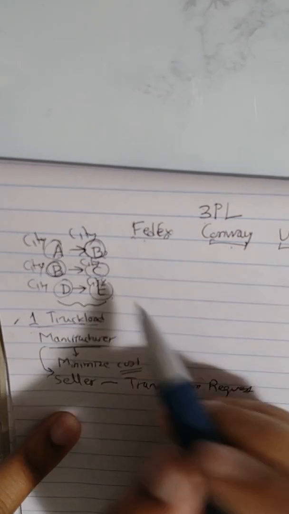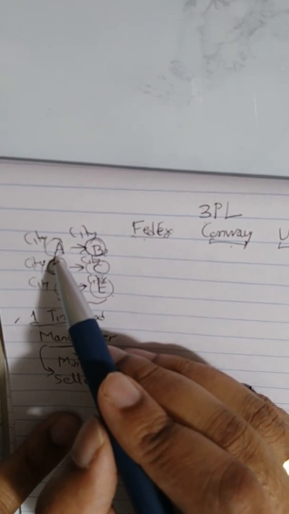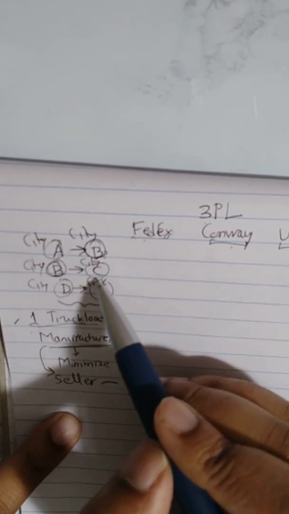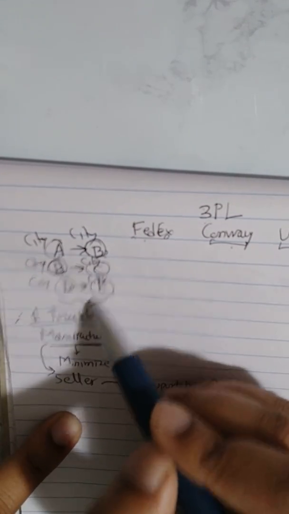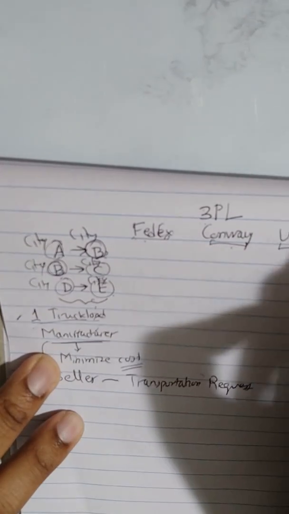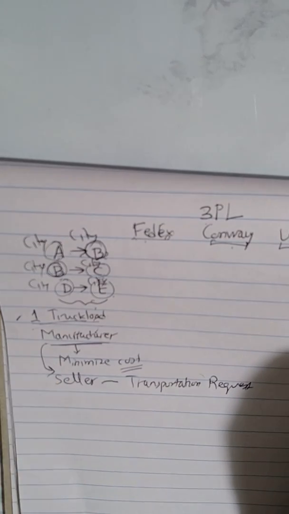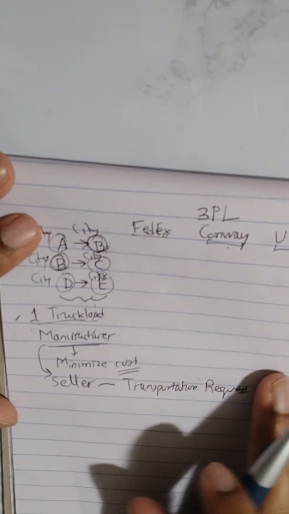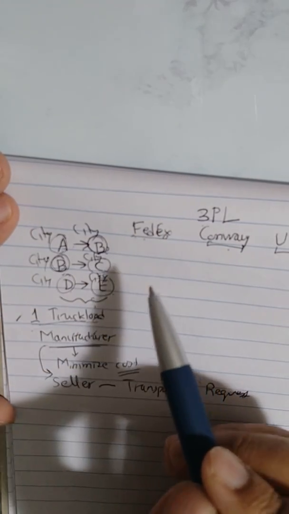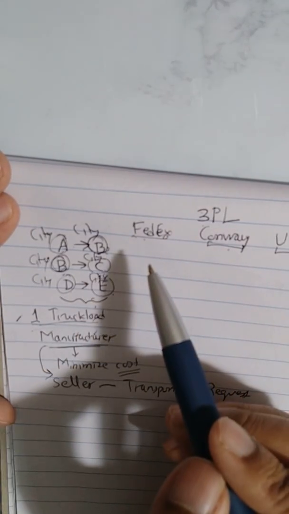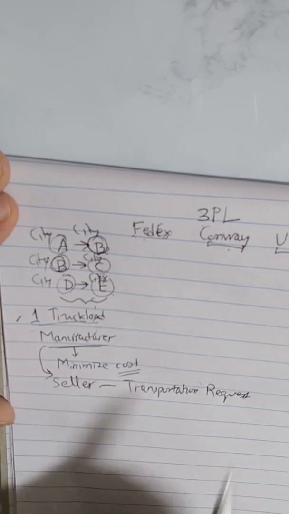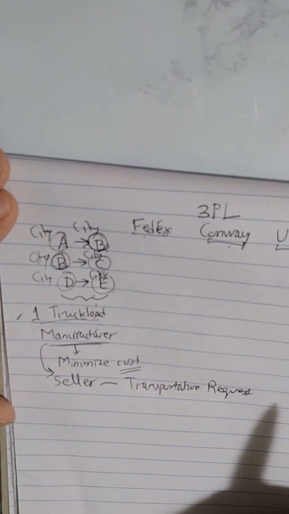So the first request is move one truckload from city A to city B. The second is move one truckload from city B to city C, and so on. And there can be multiple requests, and then there can be multiple bidders. But let's just try to make the scenario very simplified for now, and then we'll definitely try to introduce more industry-wide constraints into this example. This is a very common situation, happens a lot in manufacturing.